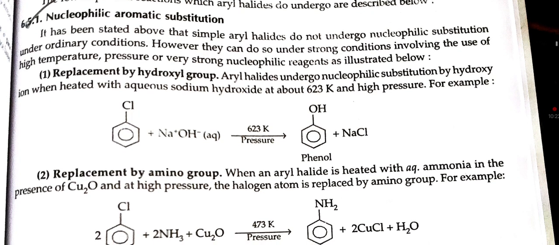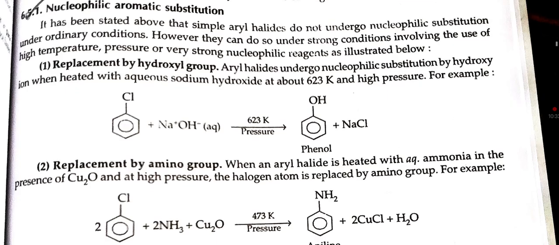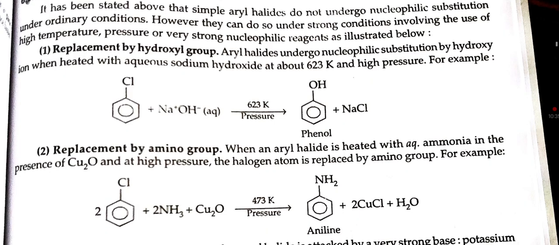Nucleophilic aromatic substitution. It has been stated above that simple aryl halides do not undergo nucleophilic substitution under ordinary conditions. However, they can do so under strong conditions involving use of high temperature, pressure, or very strong nucleophilic reagents, like in replacement of the hydroxyl group.